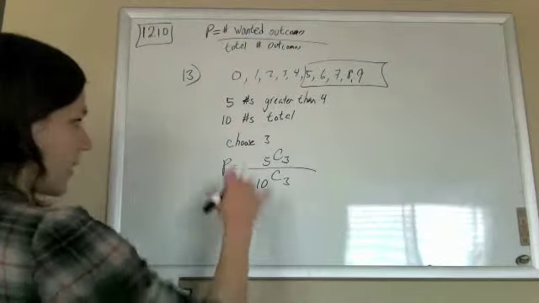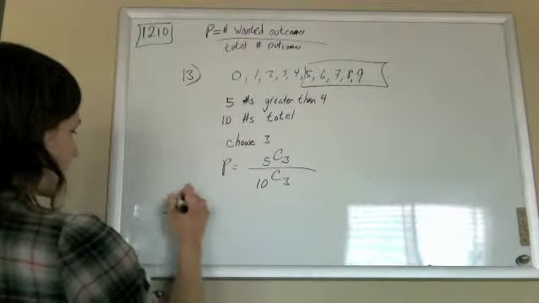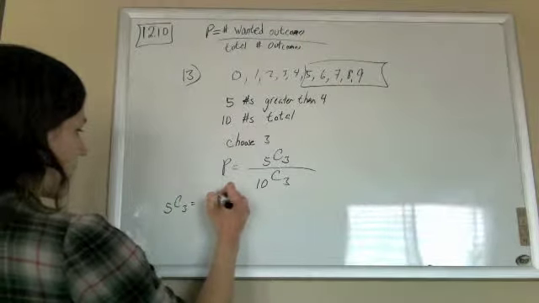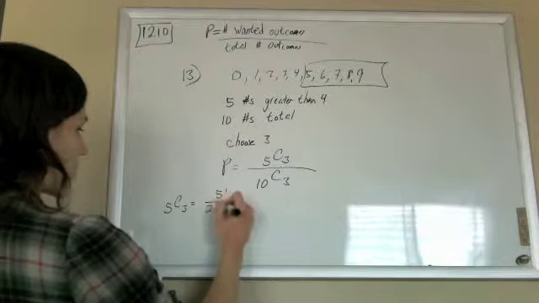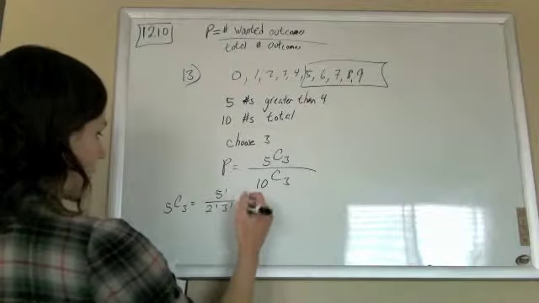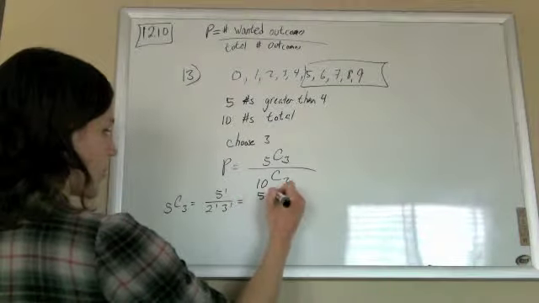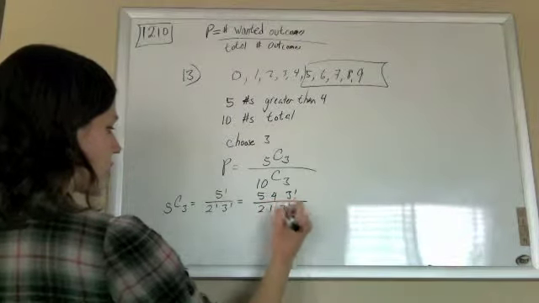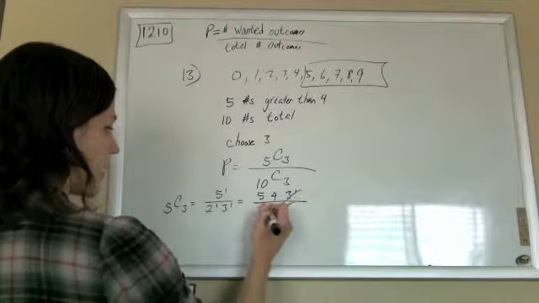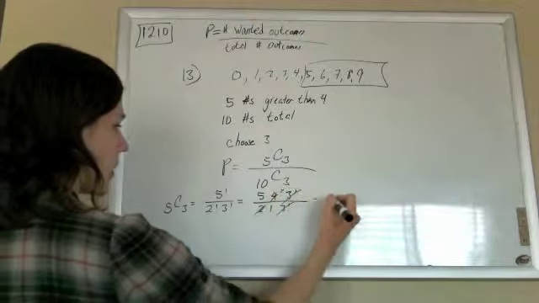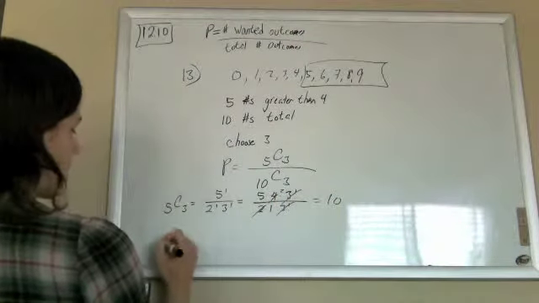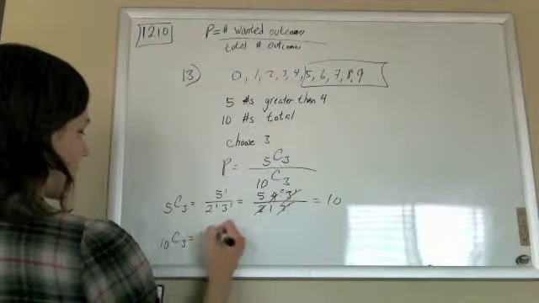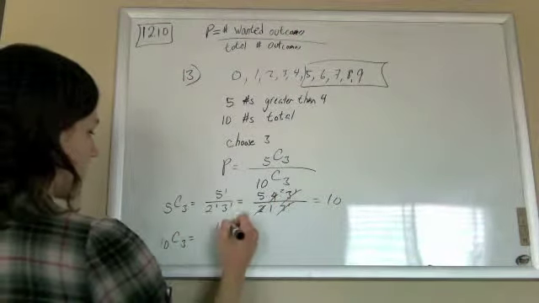Finding each one of these, this is 5C3, so 5 factorial over 2 factorial times 3 factorial. So 5 times 4, I'll stop it at the 3 factorial to cancel out with that down there. Divide by 2, I get 10. And then 10C3 will have 10 factorial over 7 factorial times 3 factorial.